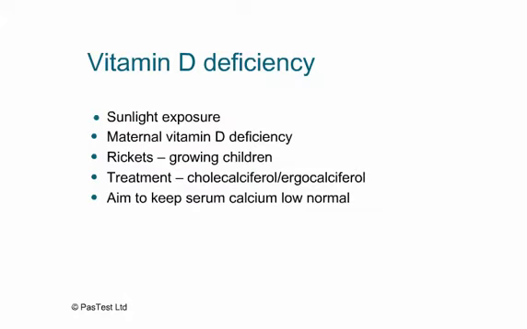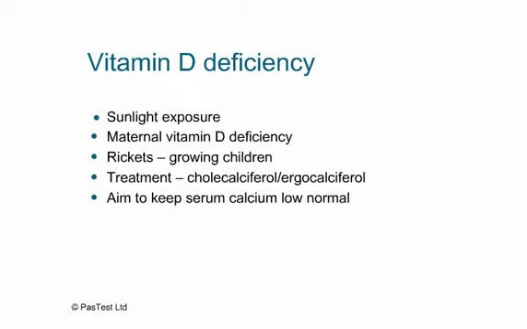Vitamin D deficiency is not uncommon, and in the UK is related to sunlight exposure. A number of Asian children become vitamin D deficient as they are not exposed to adequate levels of sunlight. Maternal vitamin D deficiency can also predispose to neonatal hypocalcemia.